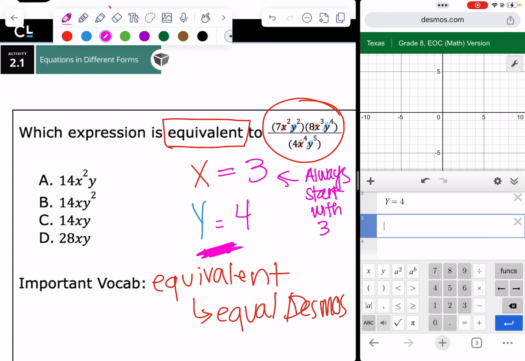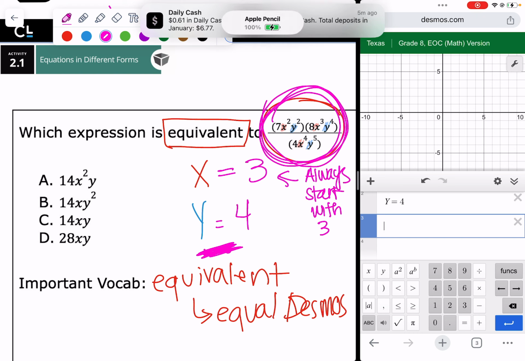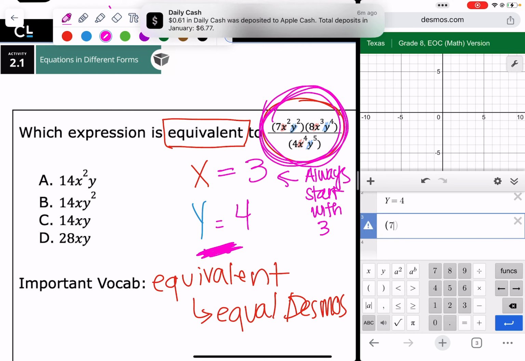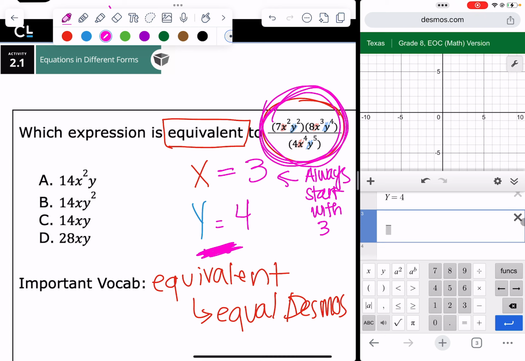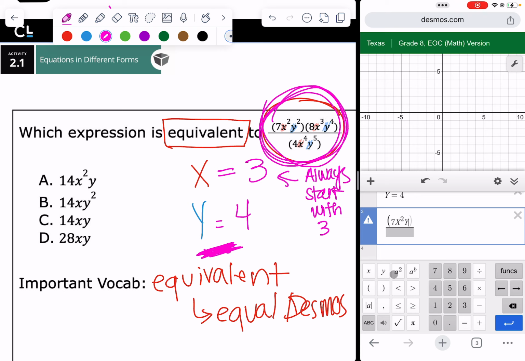So then now I'm going to type in all of this right here into DESMOS. Parentheses 7. Oh, wait, I forgot the fraction. So we're going to come here, make a fraction right there, boom. Parentheses 7, big X, little 2, right there. Then I'm going to go to the right. Then big Y, little 2.